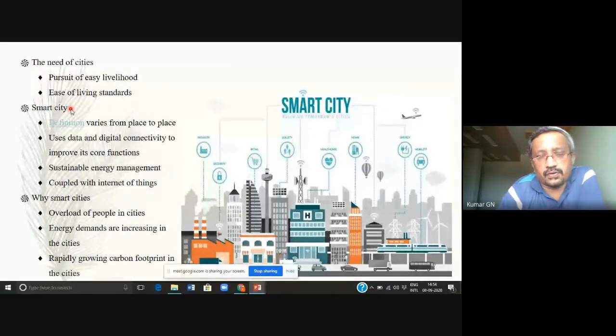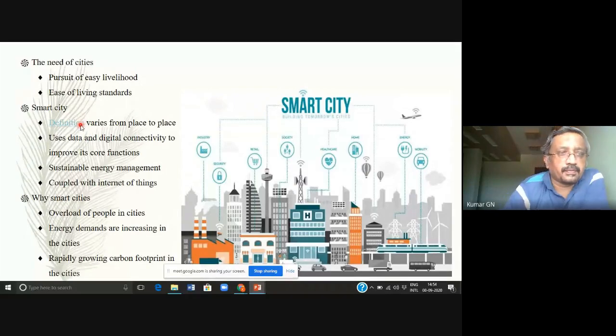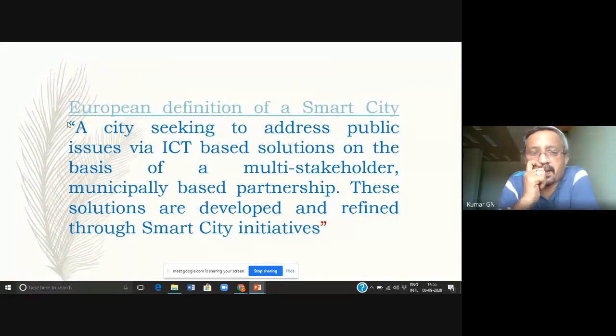Already we have understood the smart city. As per the definition of a European country, a city seeking to address public issues via ICT, Information and Communication Technology, based solutions on the basis of a multi-stakeholder, municipality-based partnership.